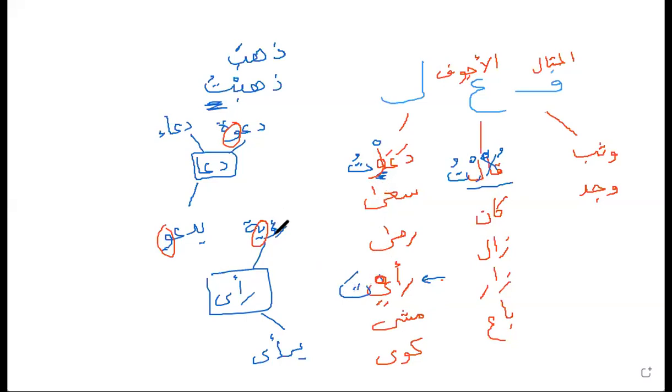And when you want to add a damir to it, you will say sa'aytu, ramaytu, ra'aytu, mashaytu, kawaitu. Okay, kawaitu meaning I ironed, not the country. That's al-Kuwait, it's different altogether. This is a verb, that's a noun.